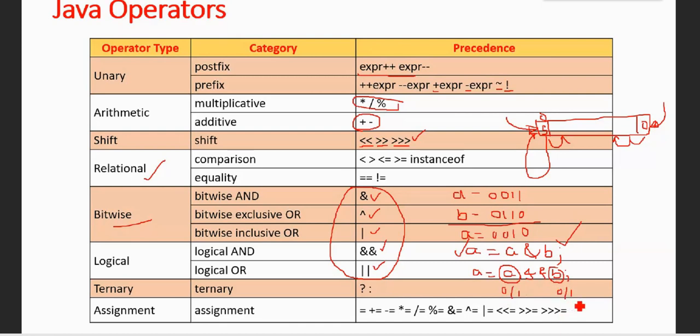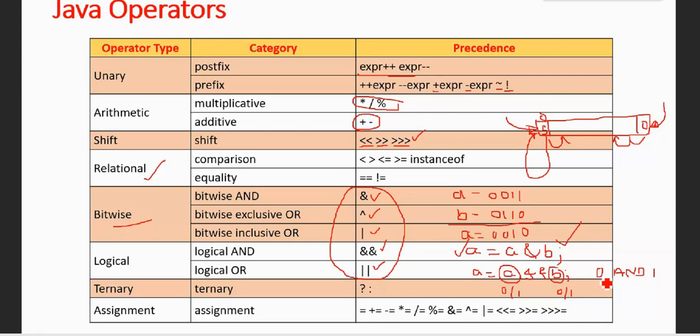At that time it performs only one logical operation. If A is 0 and B is 1, it performs 0 and 1. If A is 1 and B is 1, it performs 1 and 1.